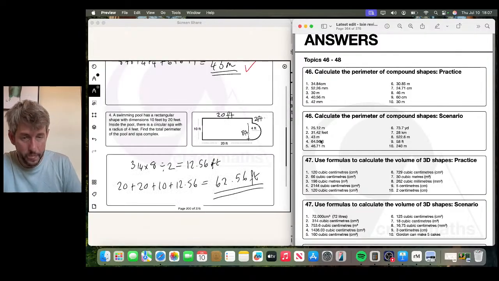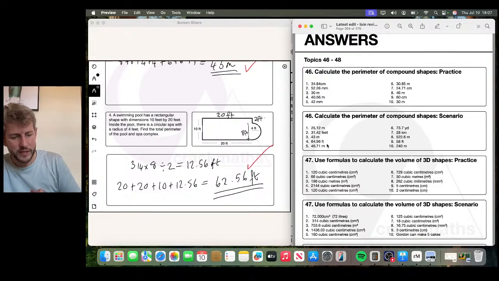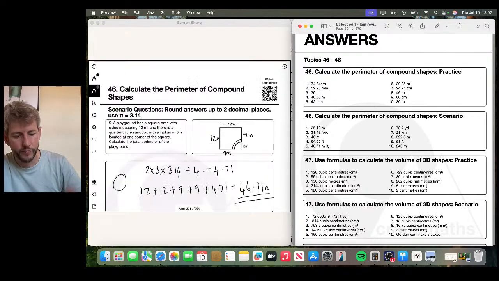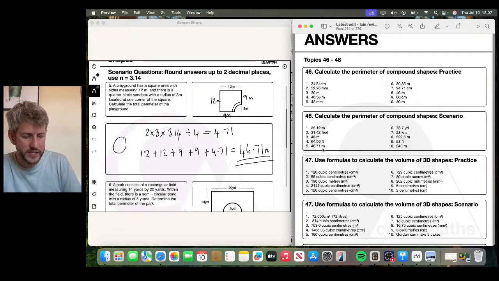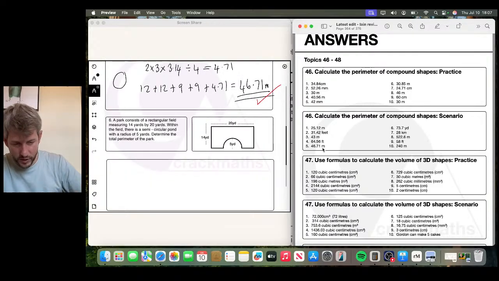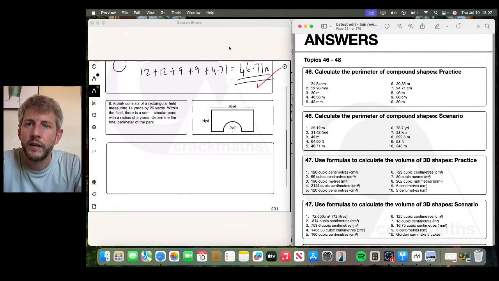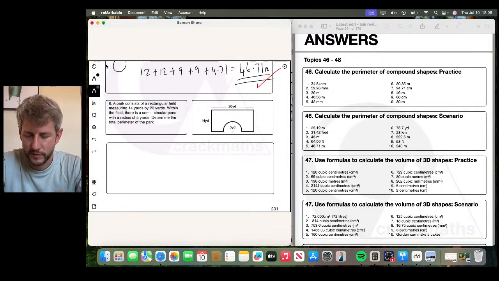And 64.56 matches as well. 46.71 matches. And here we go, we're on to question 6. Let's enlarge this and keep going.